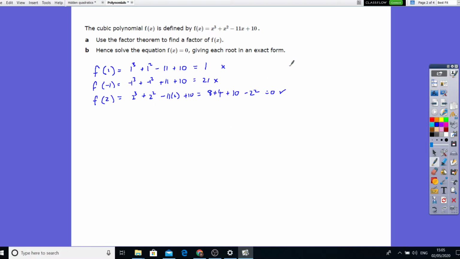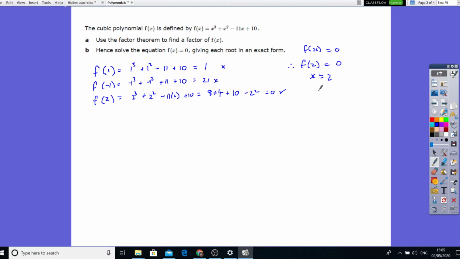So therefore f of 2 is equal to 0, in which case, because this is the form f of x, that's the factor we want, so we know that x equals 2 would work.